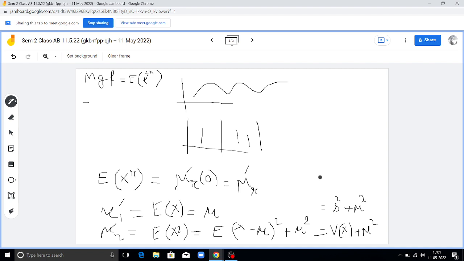So these two moments are very important for us, and we have learnt their expression. For r equal to 1, expectation of x becomes the first moment, and that is the mean or average mu. And for r equal to 2, we get expectation of x square, which is the second raw moment, and that can be expressed very easily as s square plus mu square, that is SD square plus mean square.